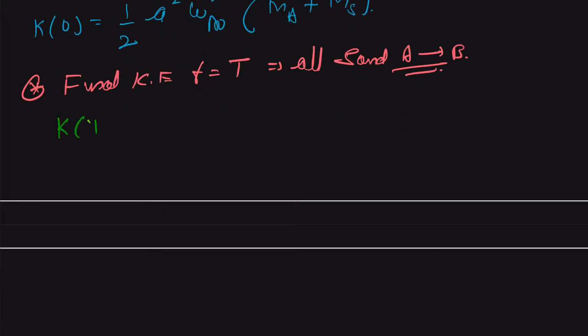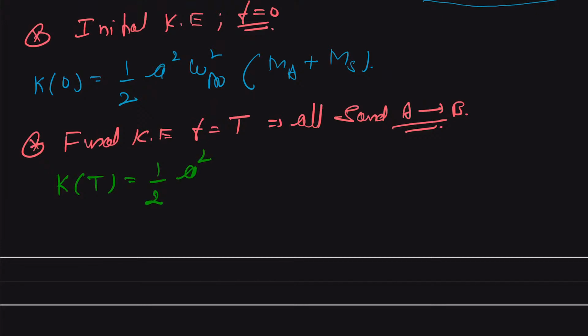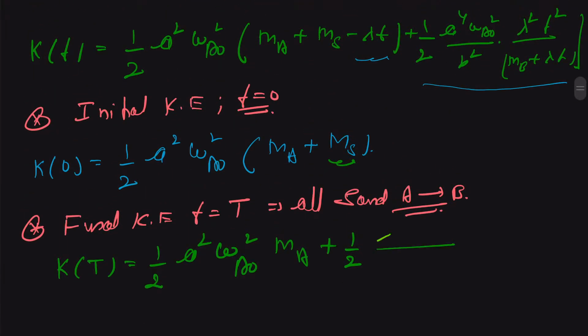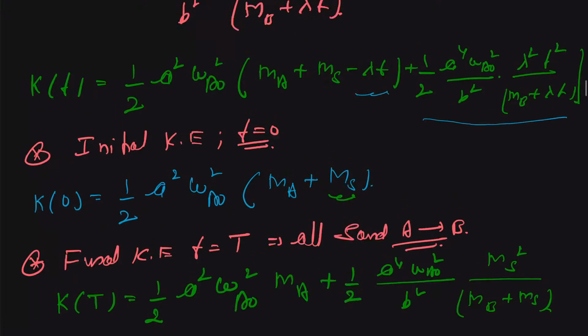Therefore, we can write that K of T is equal to half a squared omega naught squared, and there is no sand on A, so there will be only the multiplication of the mass of the wheel drum A, plus the entire mass is shifted to drum B, so that will be plus half, and this comes as omega naught squared B squared, and we have this as ms squared, and this will be mB plus mS, because this delta m is nothing but our small mass m.